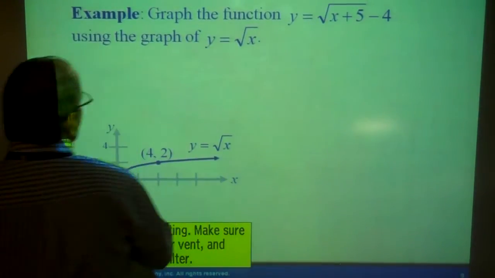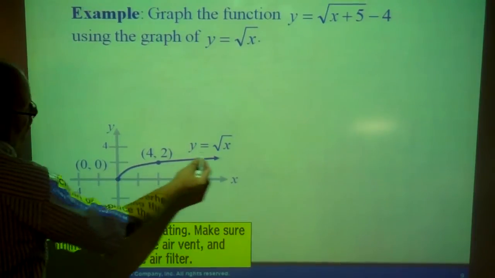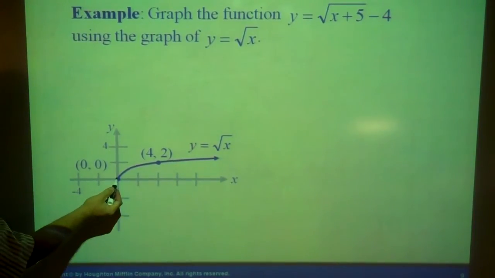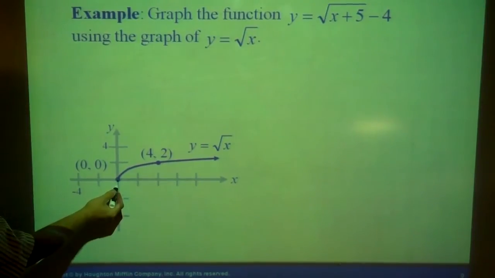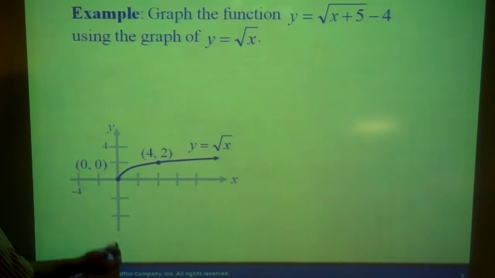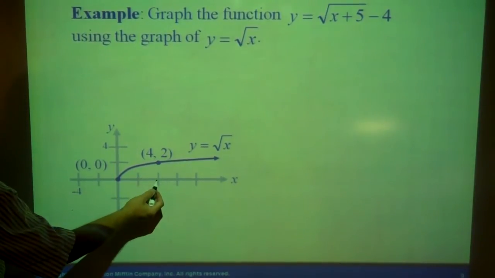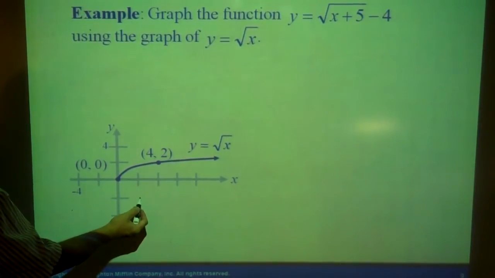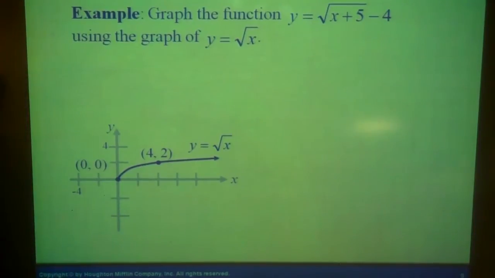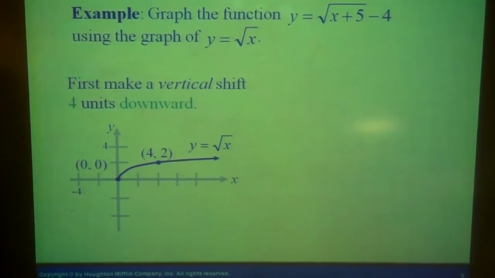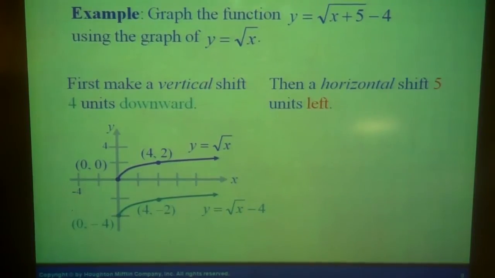So here's our parent function, or our common function. And so we're going to take this point, and it's going to end up shifting down 4 and over 5. And you can take this point, and it's going to shift down 4 and over 5. And you can see when we graph that, we can make that vertical shift downward 4, and then we're going to make the 5 back.